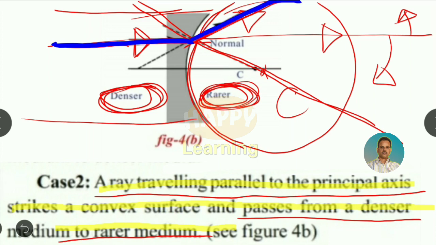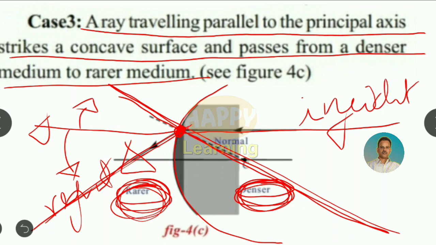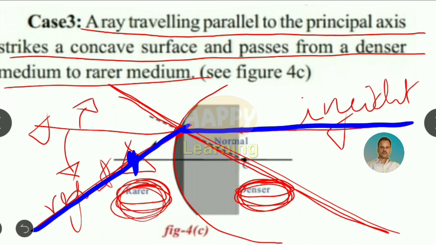It appears to be coming from this point. So this point is the focus. Next, in the next one, this is the incident ray and it moves in this direction. So this is the point where it touches the principal axis. So this point is called focus.